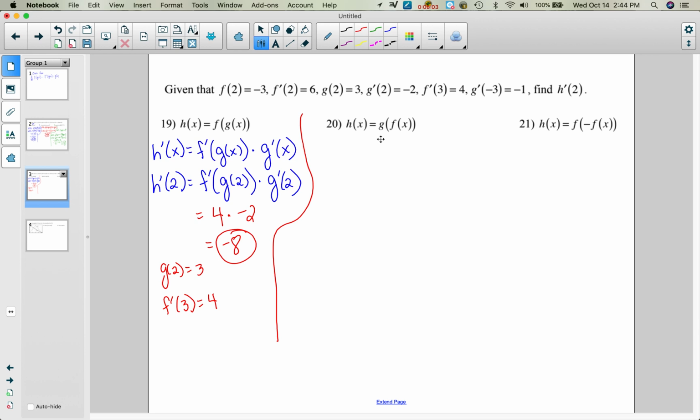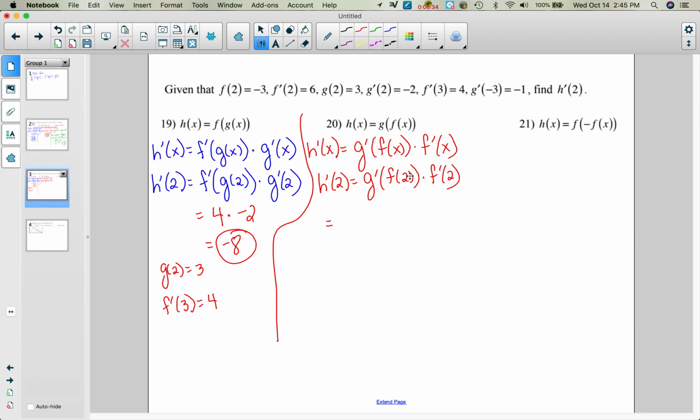Okay, next one is just going the other way, but it's still the definition of the chain rule. So we get h prime of x equals the derivative of the outside function with the inside left unchanged times the derivative of the inside function. So for h prime of 2, we have g prime of f of 2 times f prime of 2.